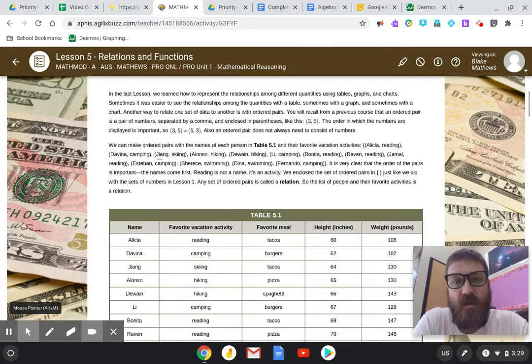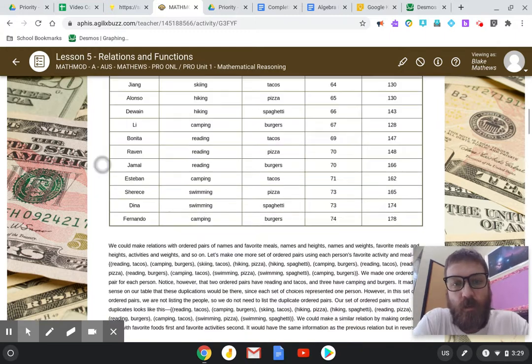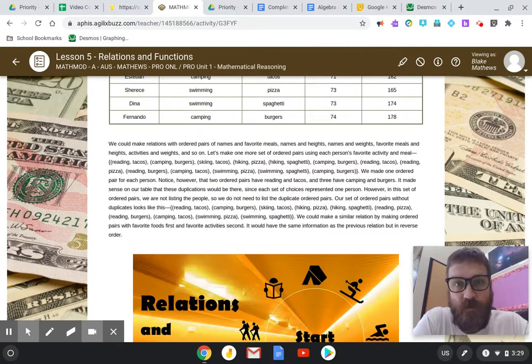It could be anything. Like they give the example, Alicia and reading, Davina and camping, Jiang and skiing. Those are a relation because each one is that person's favorite vacation activity. So any set of ordered pairs is going to be a relation. But certain relations are also what we would call a function.